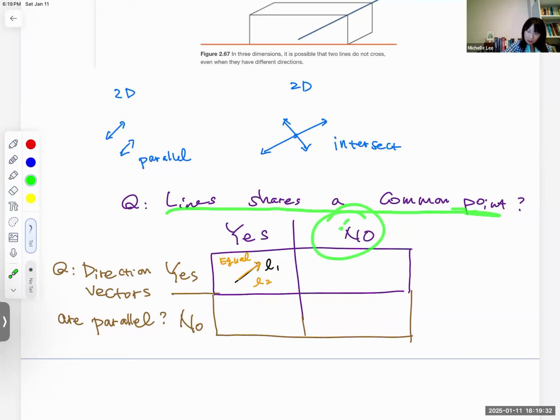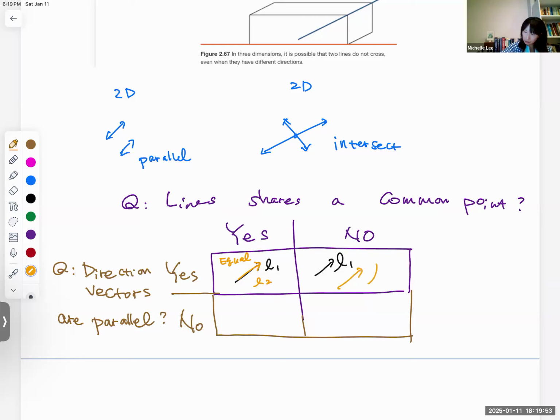No. And direction vectors are parallel? Yes, right? In that case, we have line one and line two, no common points, but they are parallel to each other, right? So we call this parallel.